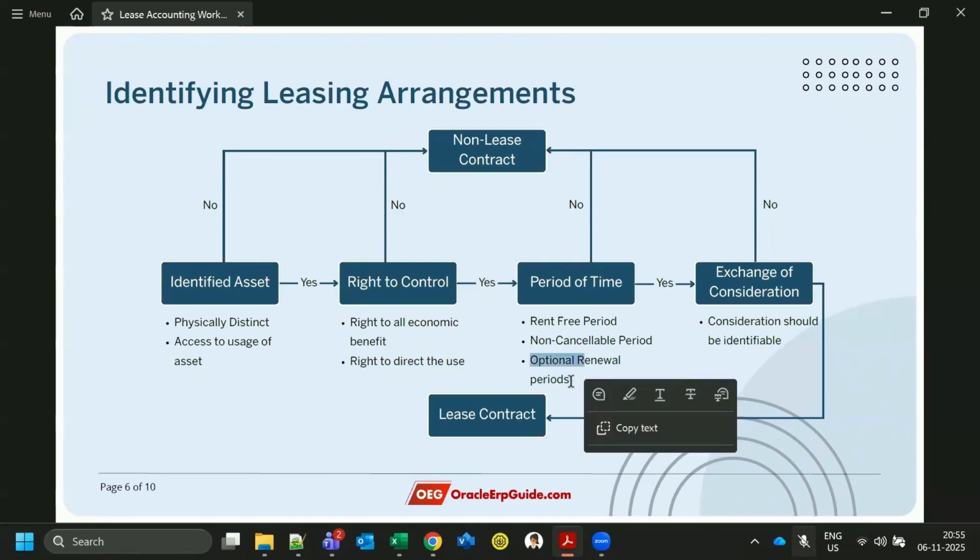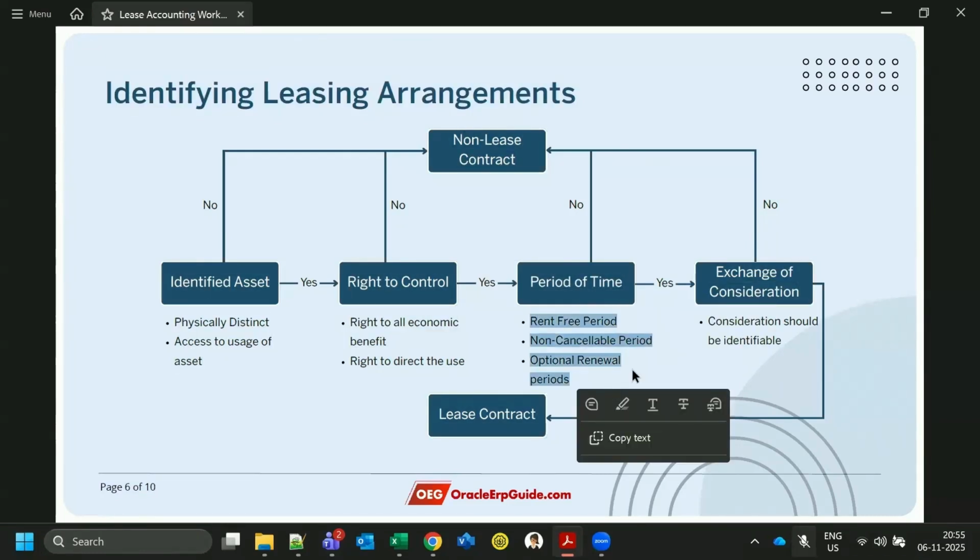I'll explain how this works in Oracle as well. But for better understanding, the entire period of time or the lease term includes all three of these options. These are exemplary, for understanding what constitutes my period of time or my lease term, but there could be other scenarios as well which form part of my lease term here.